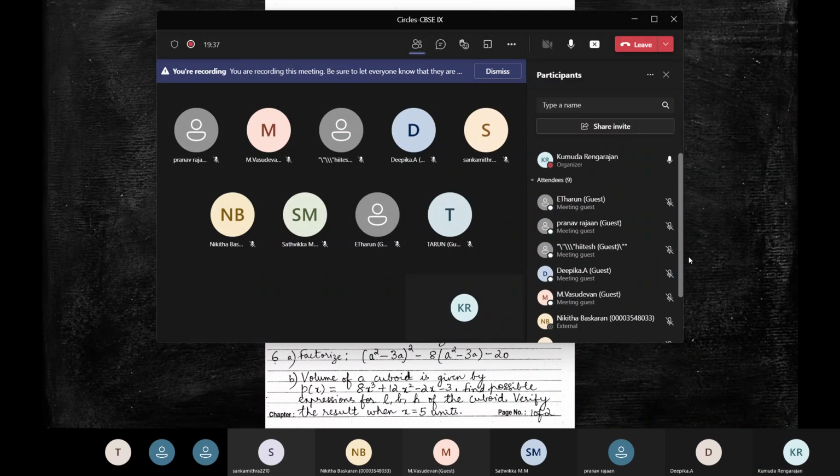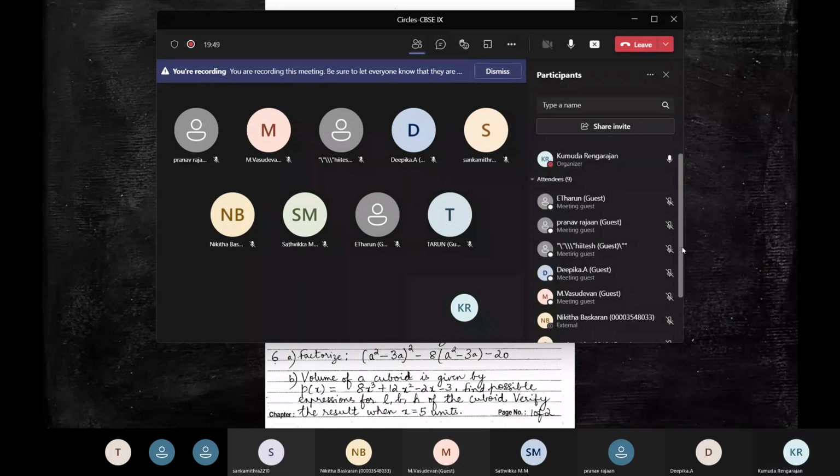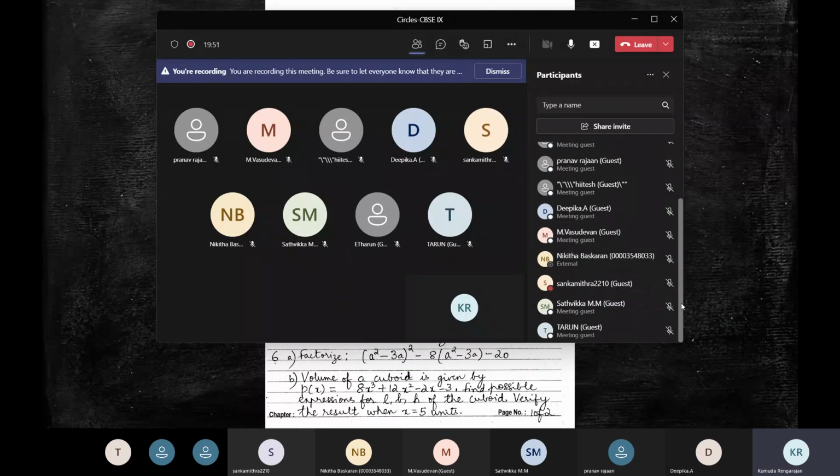Tarun Ishwaran, Pranav Rajan, Hitesh, Deepika, okay, Vasudevan.